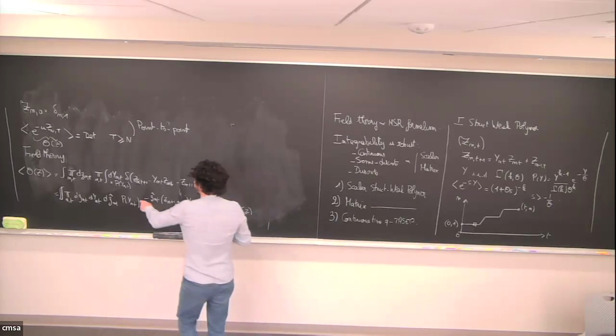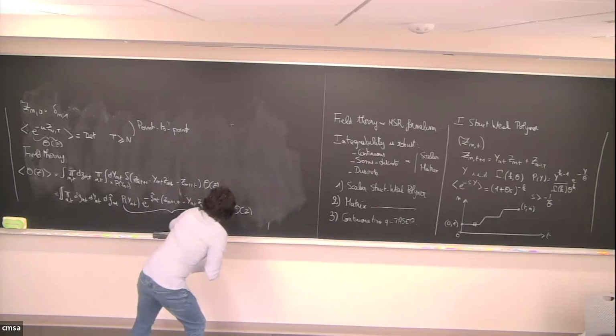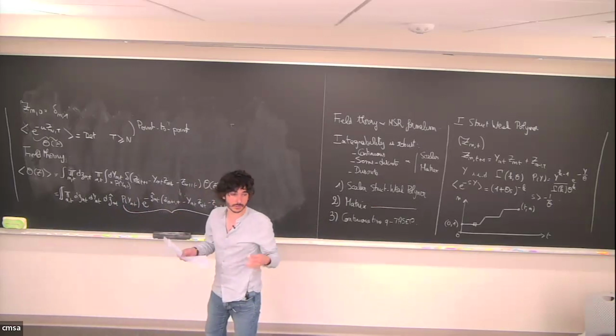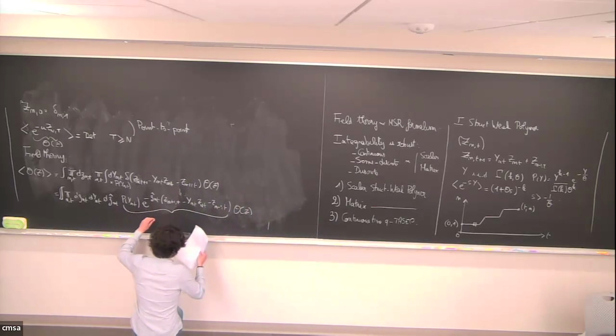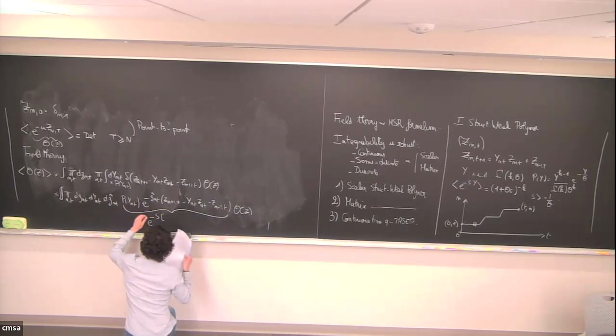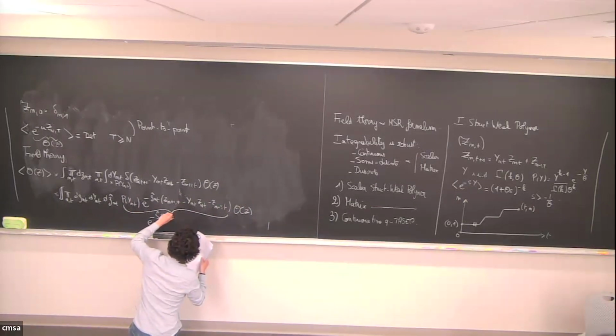And I'm going to combine all those terms to define an action that describes the weight of a certain path among all the realizations. So I will call this object exponential of minus S, taking all the products over all n, t, as a function of z, z tilde and y.